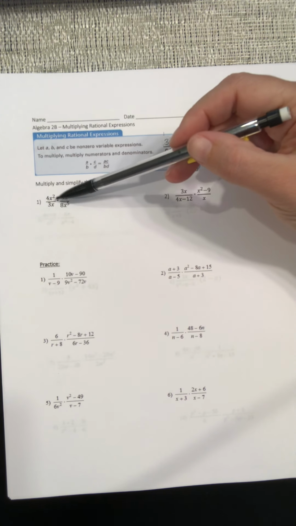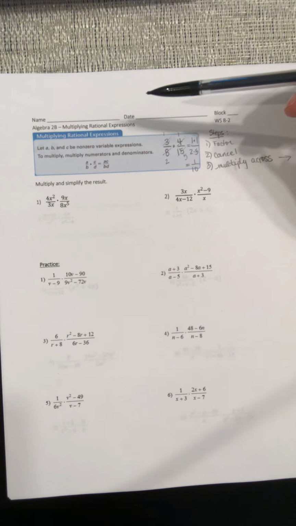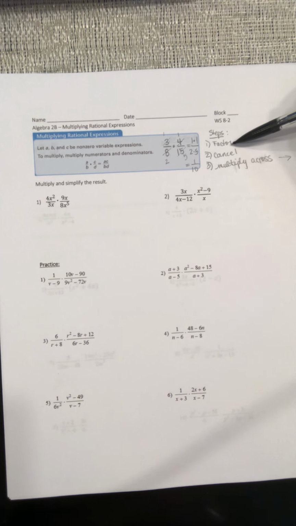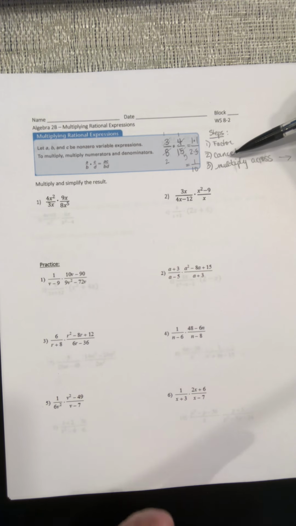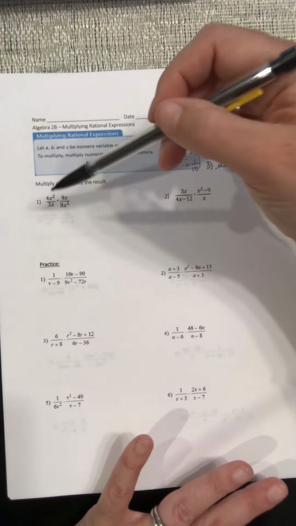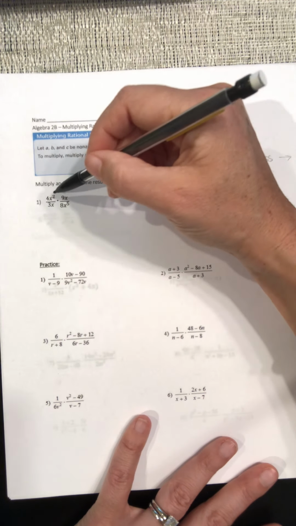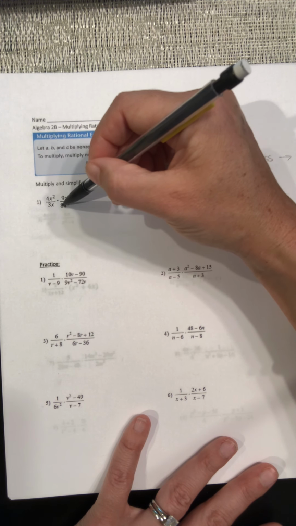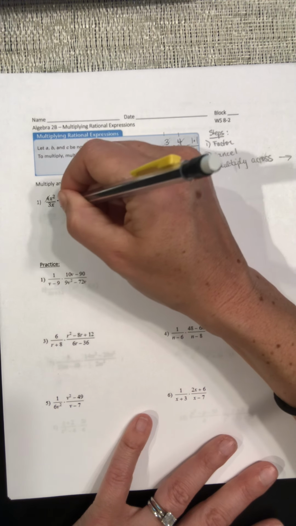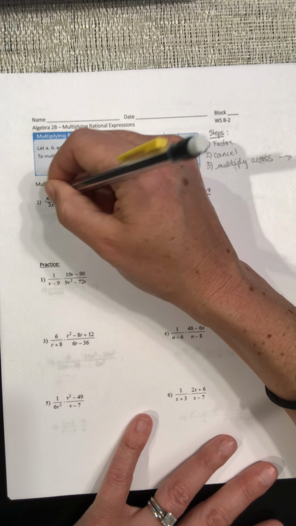We're going to do the same thing, except now with x's. Take a look at our first problem. These are all monomials, so I can't really factor them. I'm going to cancel common factors. 4 goes into 8, so both have a factor of 4.